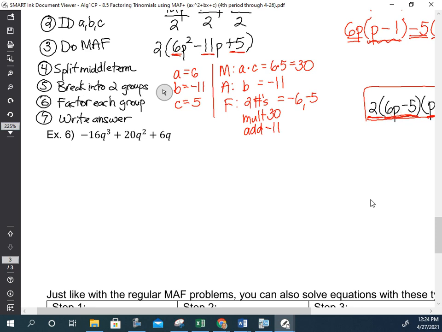Remember, the first step is GCF. So your biggest number is going to be a negative something. You have a 16, a 20, and a 6. What can I divide out of all this? 2. You can take out a 2.